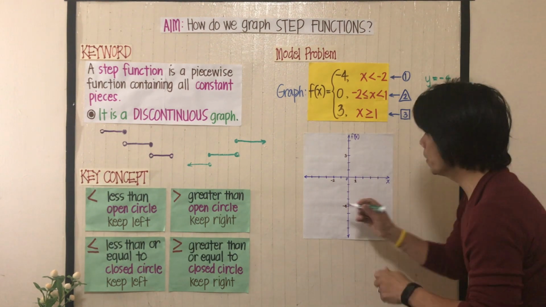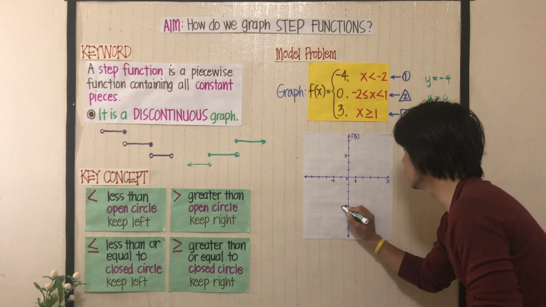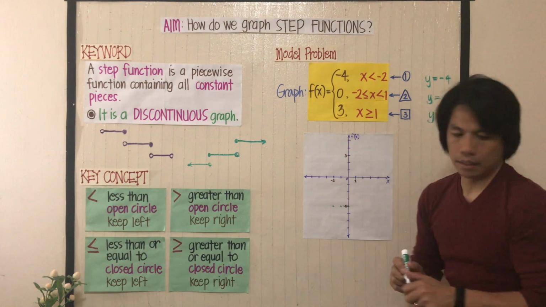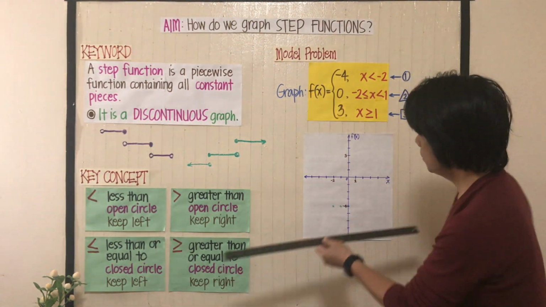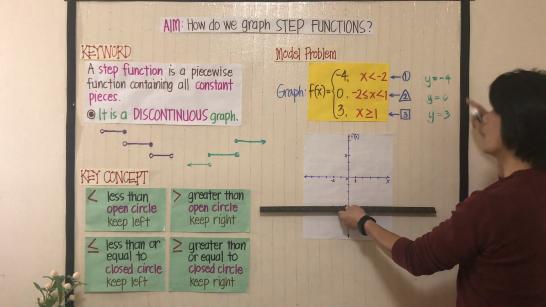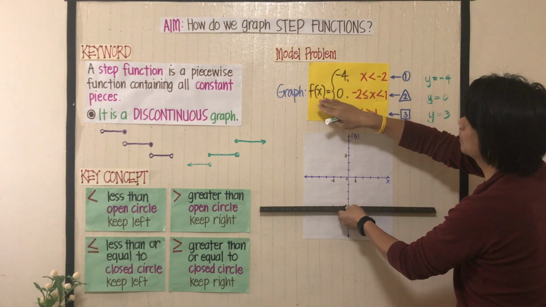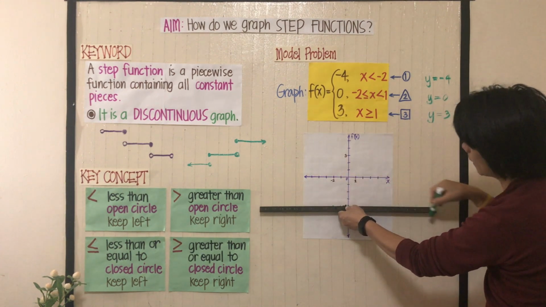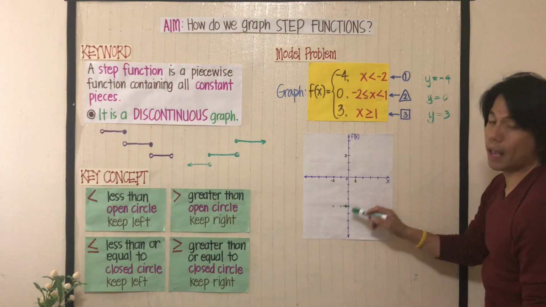So every point on this line, the y coordinate is -4, right? When we graph f of x is equal to -4, it's just a straight line passing through the -4 on the y-axis.